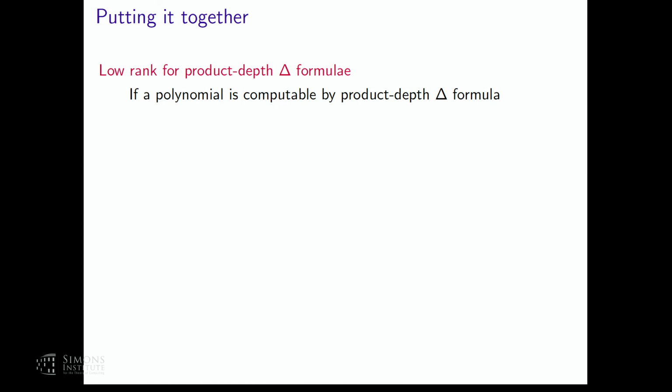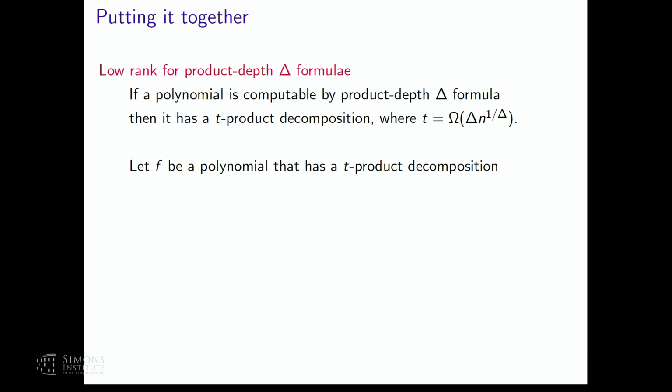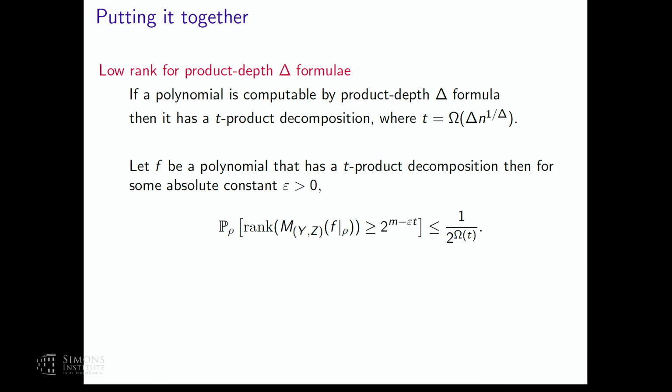What we prove to show low rank is the following statement: if f is in that product decomposition format, then under the random restriction that I vaguely talked about in the previous slide, the probability that the rank of this partial derivative matrix is large is very small, and the smallness depends on this t.